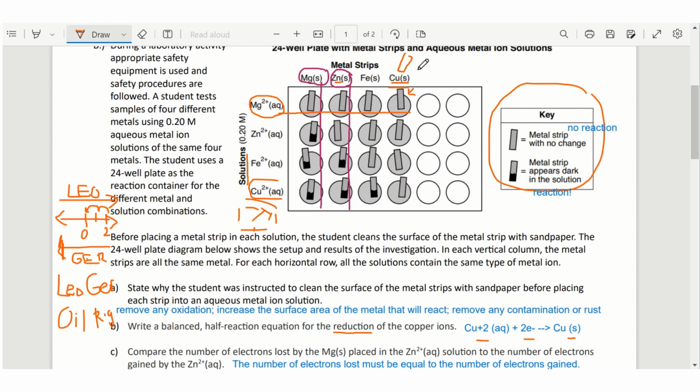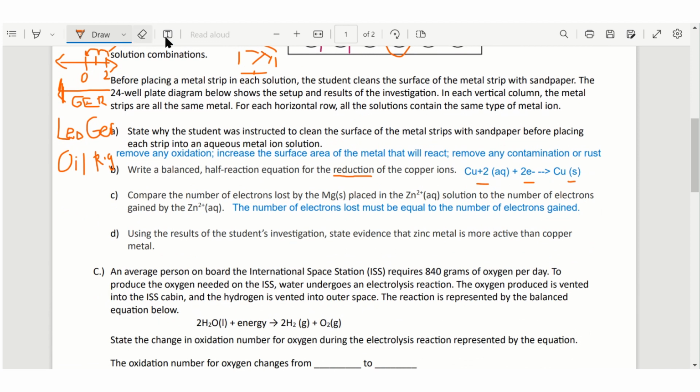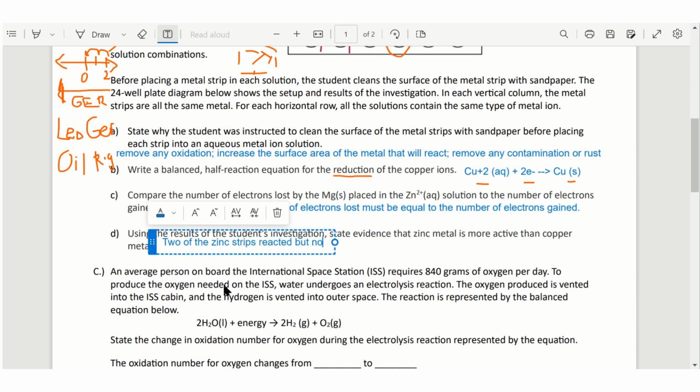So if I look down copper's column, none of it reacted. But if I look down zinc's column, 2 of the zinc strips reacted. So 2 of the zinc strips reacted, but none of the copper strips reacted.